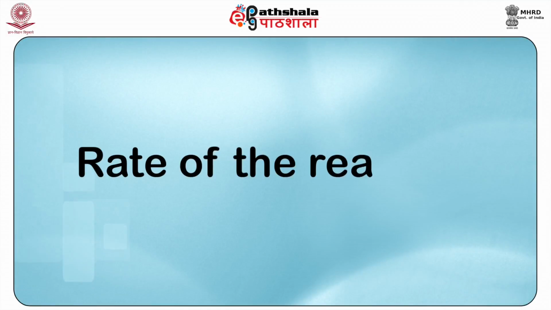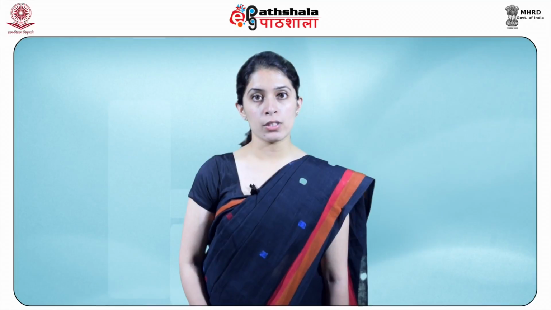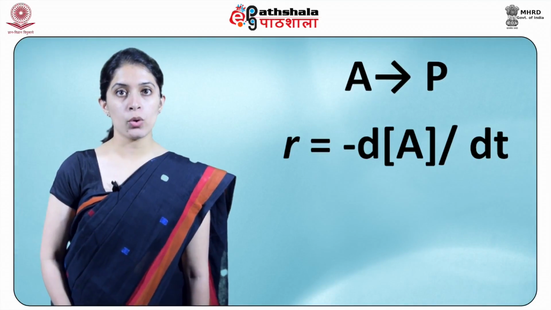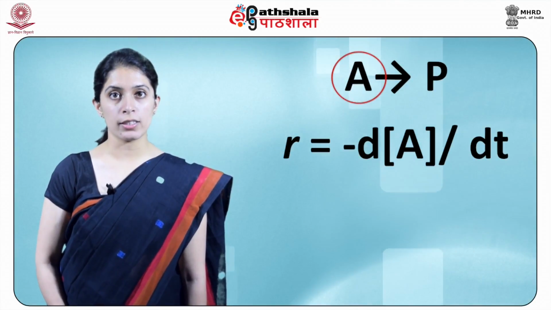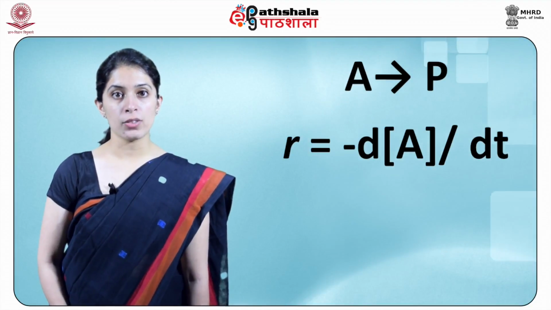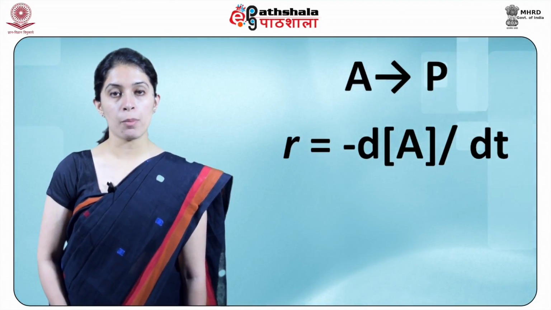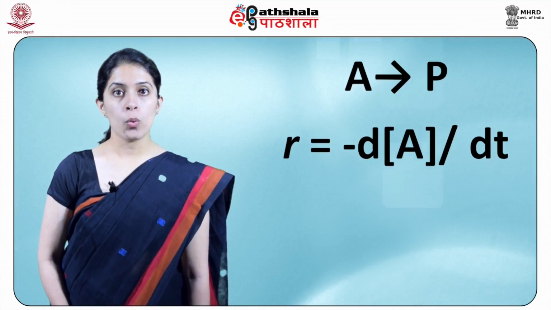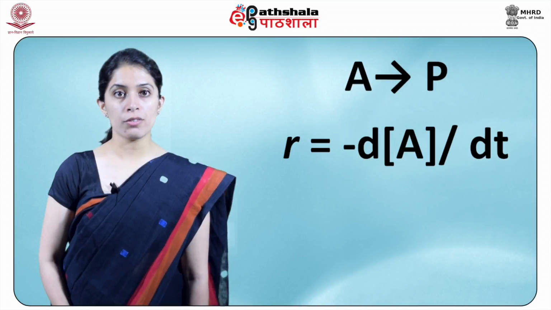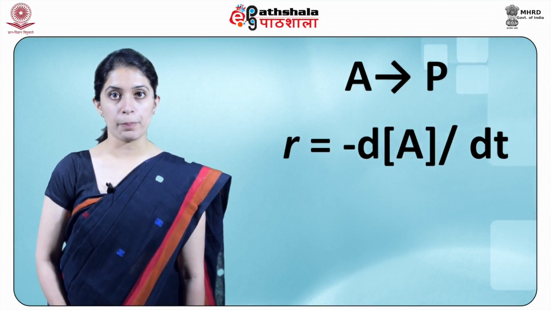Rate of the reaction. Rate of the reaction at any instant of time depends upon the concentration of the reactants at that instant of time. Let us consider the reaction A going to P, where A is the reactant and P is the product. Rate of the reaction can be expressed as minus d[A]/dt, that is time, where the negative sign implies that the concentration of the reactants is decreasing with time.